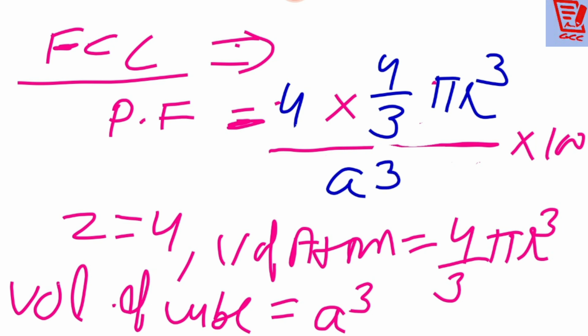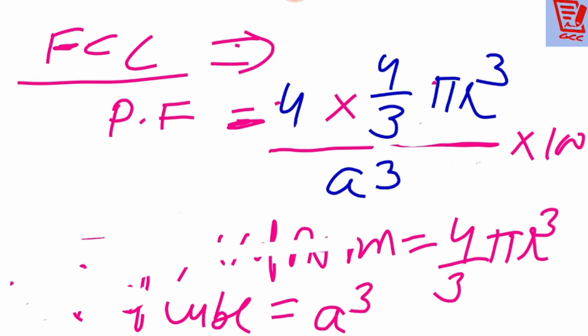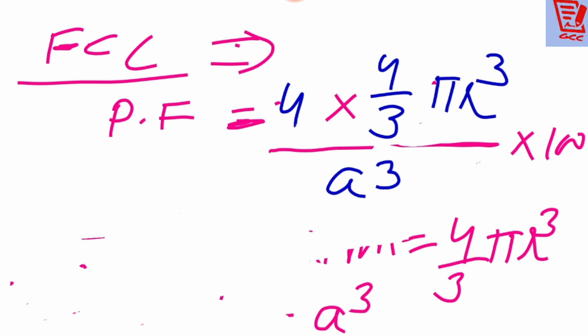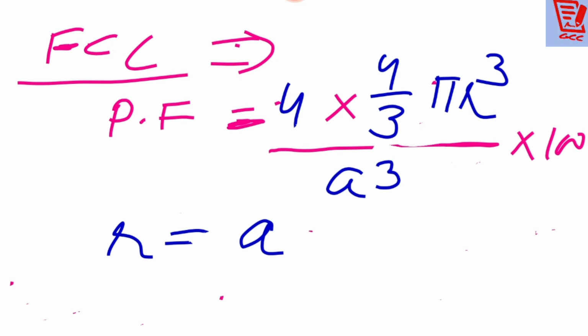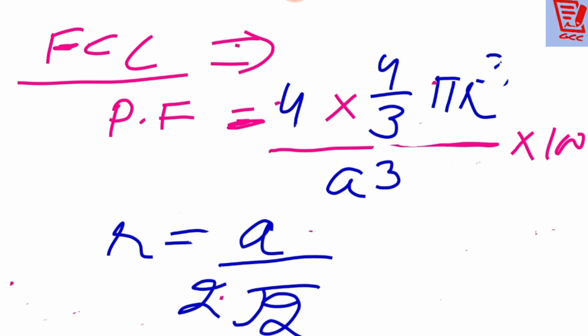Now let's see the values. What we found out, again I am telling you, in the relation of a, r and d, we found the r value. The r value was a by 2 root 2, and that value we can fill in over here.